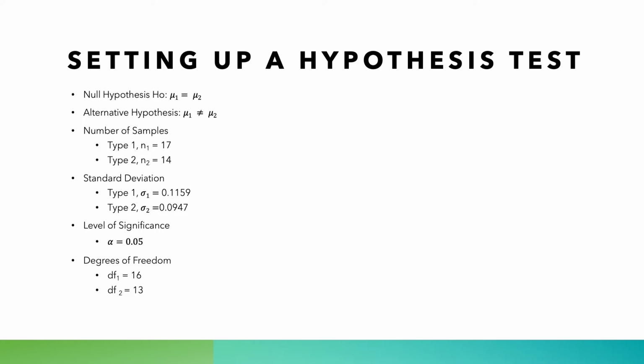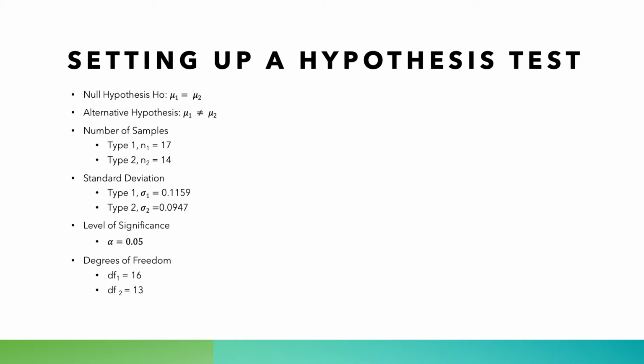Another way of saying that is the mean of data set 1 minus the mean of data set 2 is equal to 0. Our alternative hypothesis is that the mean of data set 1 does not equal the mean of data set 2, or rather, the mean of data set 1 minus the mean of data set 2 does not equal 0.